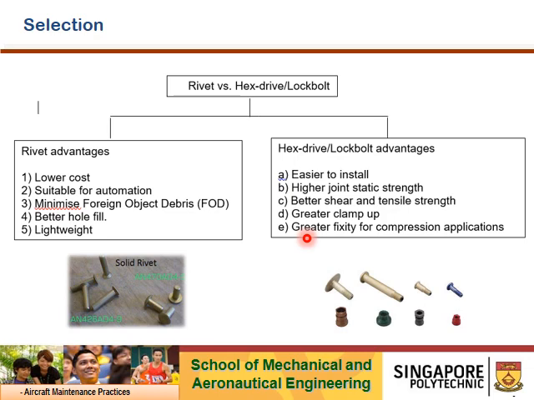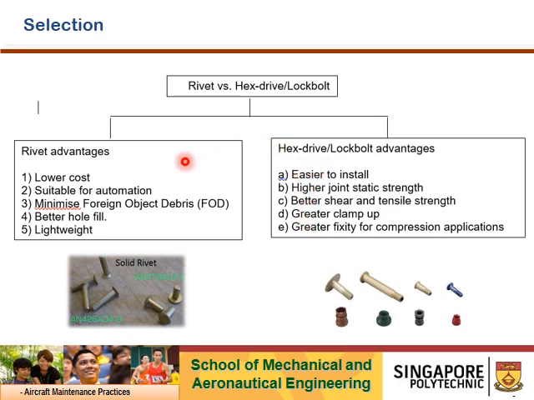Of course, the advantages of hex drive or lock bolt installation are that they are easier to install. They have a higher joint static strength as compared to rivets, better shear and tensile strength, greater clamp up loading, and of course, greater fixity for compression applications.